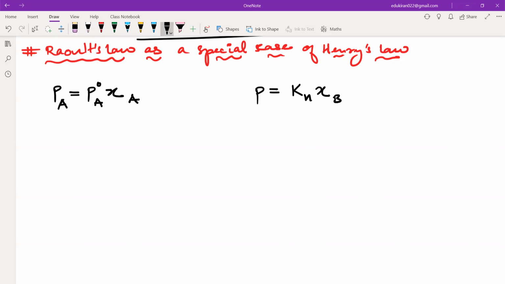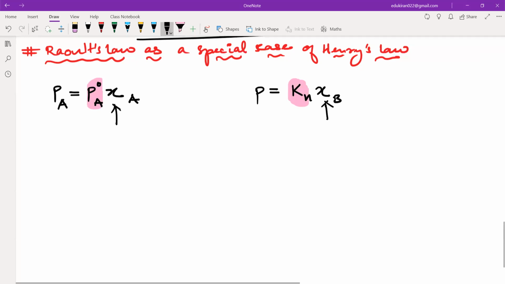Now, can you see the similarity here? Here also we have mole fraction, here also we have mole fraction, right? Here this is also a constant, and this is also a constant. Yes or no? Yes, sir.